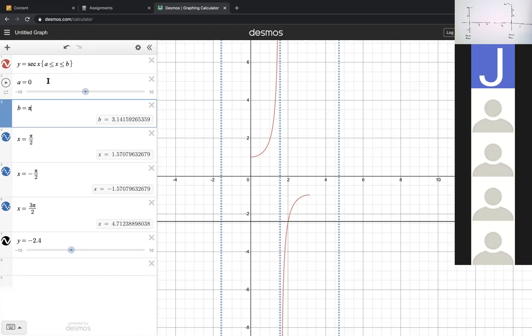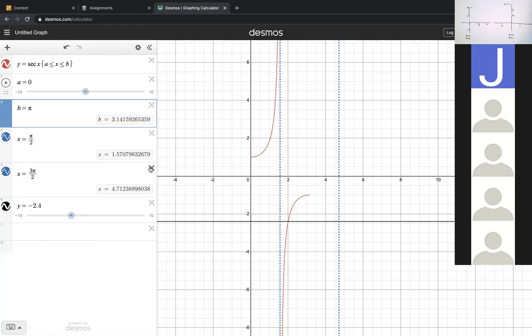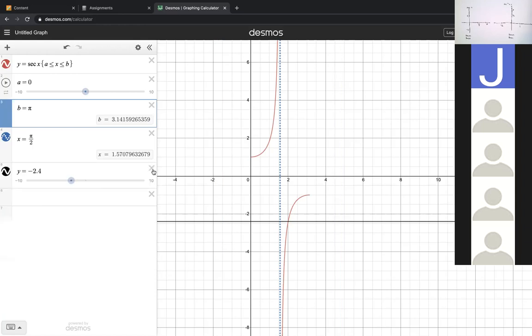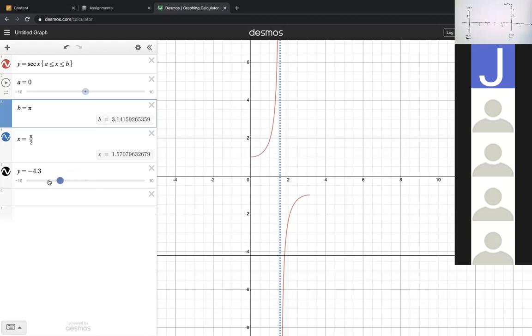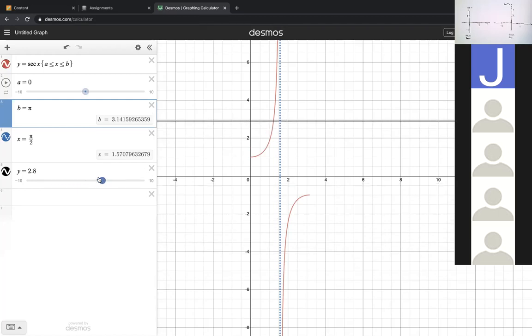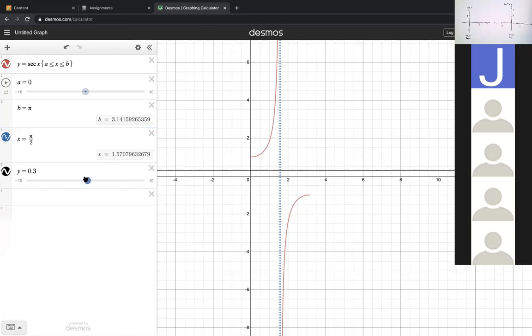So if I make this choice for my domain, if I go from 0 up to pi, and let's get rid of some of these extra things. Okay, so if I make this choice for secant, then wherever I put my horizontal line, I'm only going to cross the graph once. Okay. So now we have a one-to-one function, which means it has an inverse.